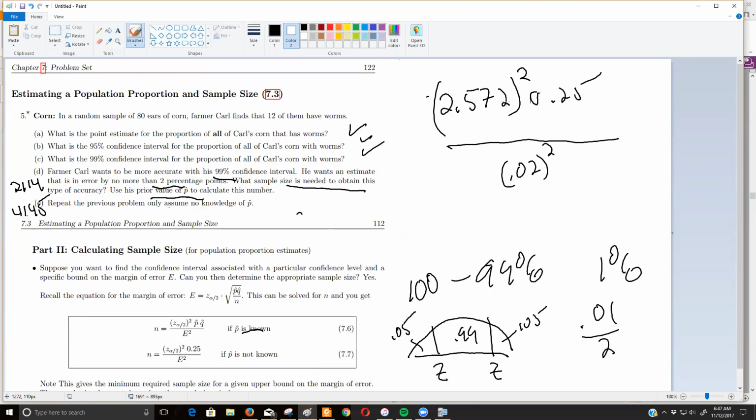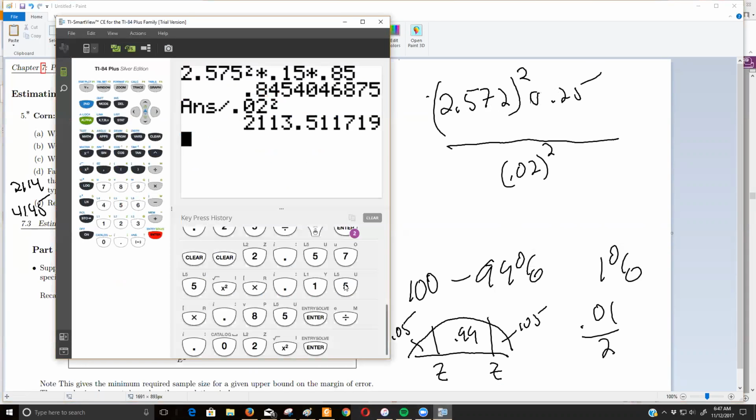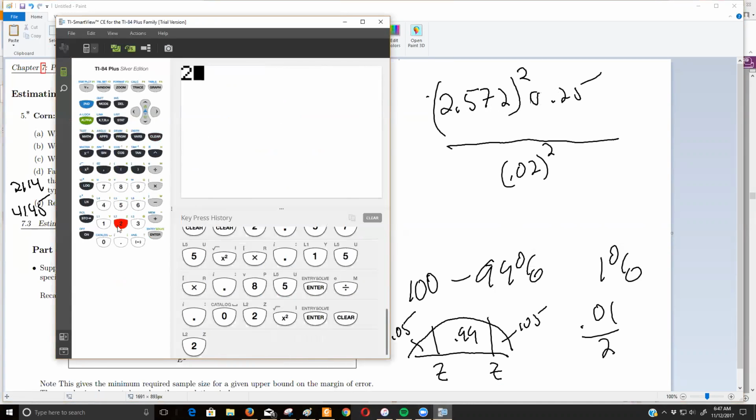And on my calculator, let me clear that screen. It's coming to 2.575. I'm going to square that value.